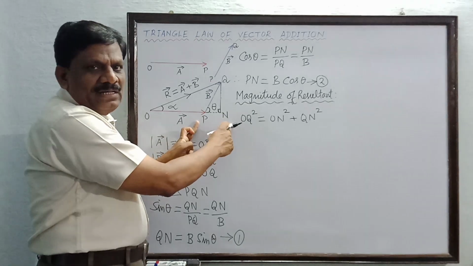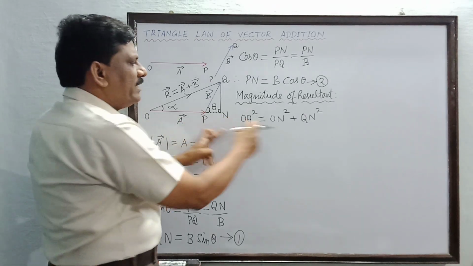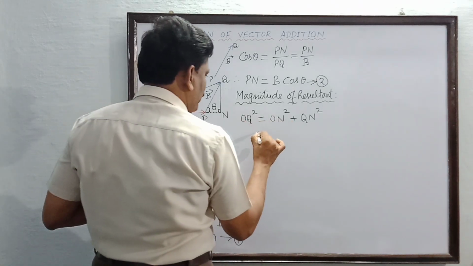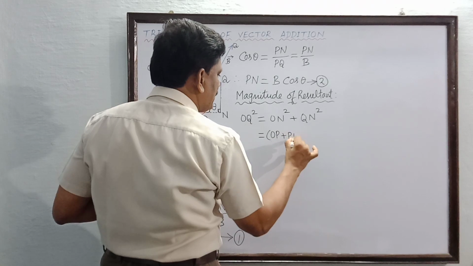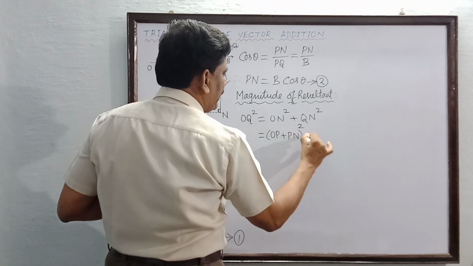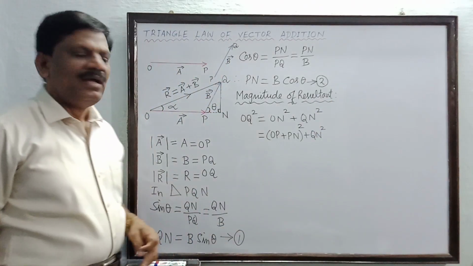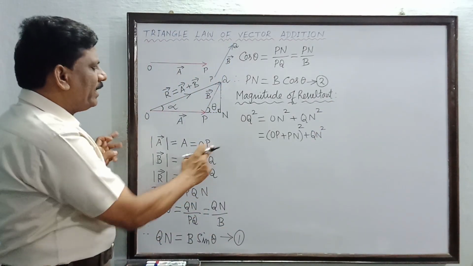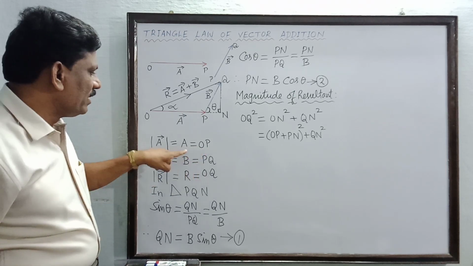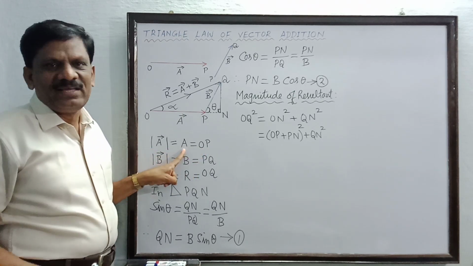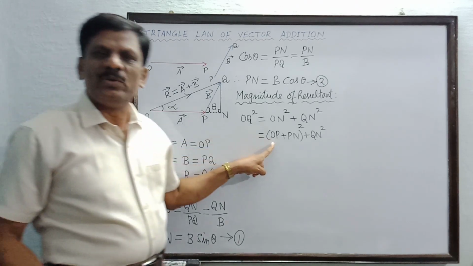Is it right? So this ON is also equal to OP plus PN. So instead of the length ON, I am going to write OP plus PN the whole square plus QN square. Now, what is OP? Here you see length OP is the magnitude of the vector A, the modulus of vector A. So instead of OP, shall I substitute A now?